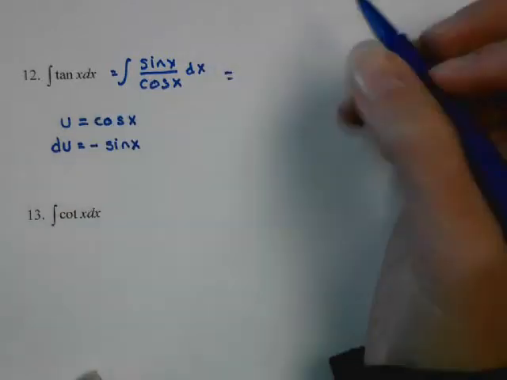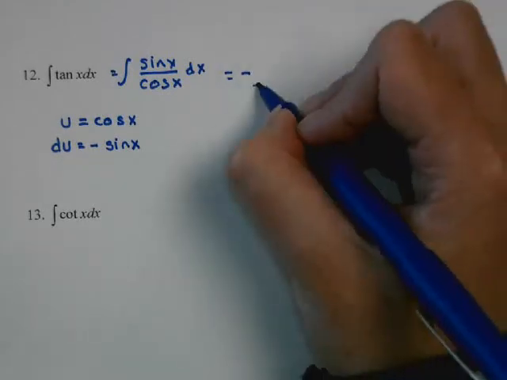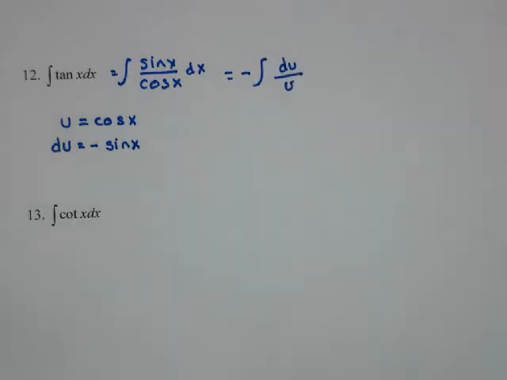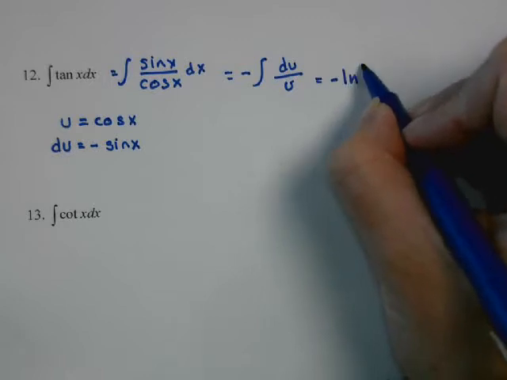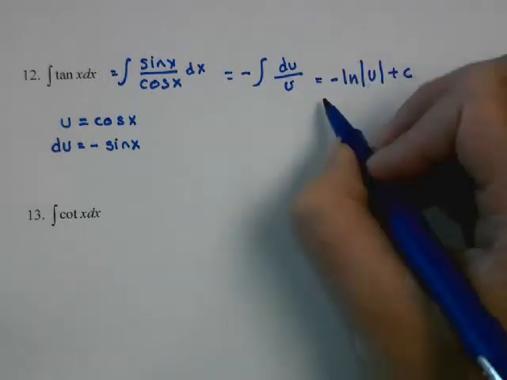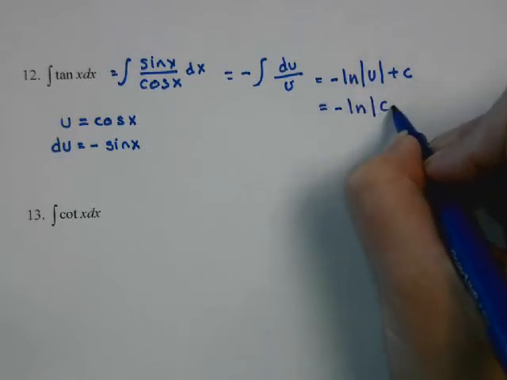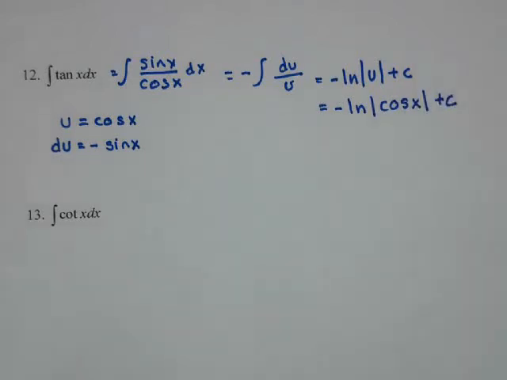So this integral, we can rewrite using the u substitution, is negative integral of du over u. So this is going to be negative natural log of u plus c, which is negative natural log cosine of x plus c.